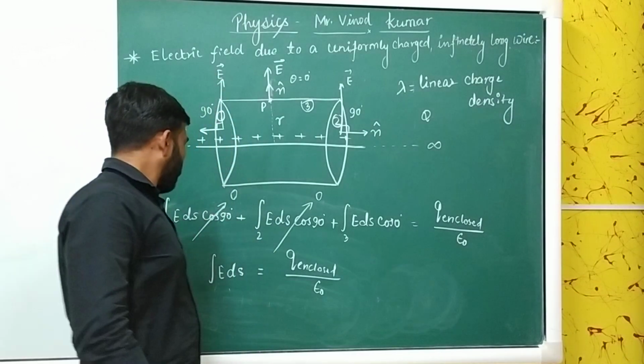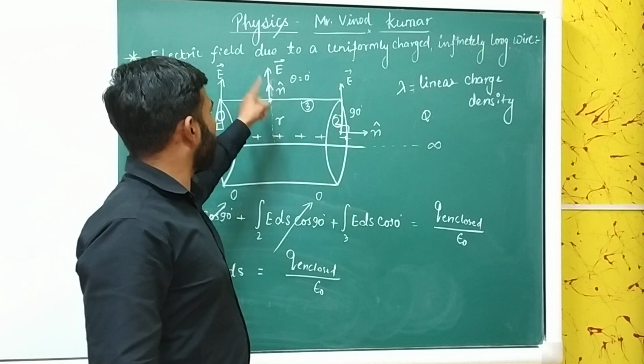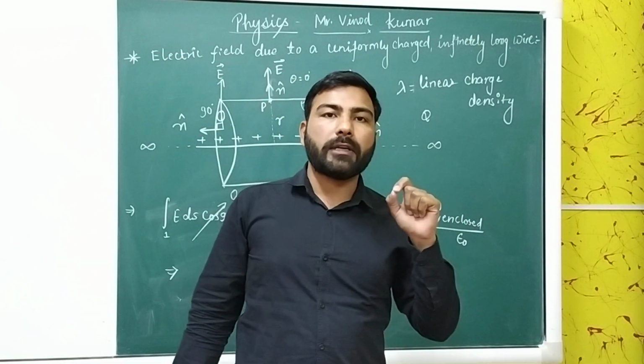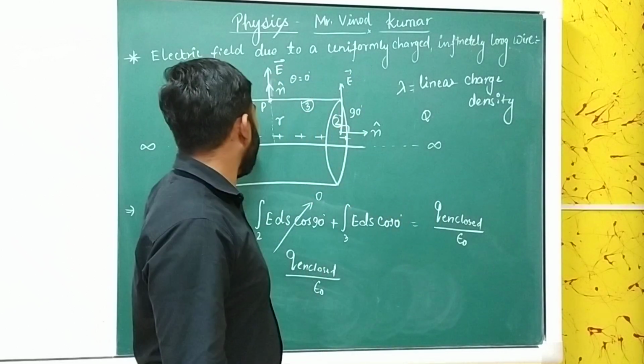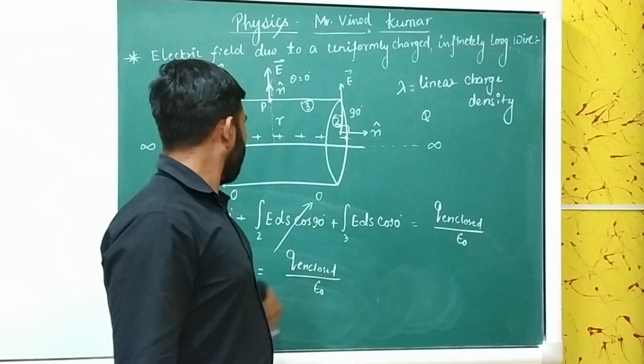upon epsilon naught. Now as we can see, the electric field for this curved surface is equal for every point. Everywhere we take a point, the electric field is equal.